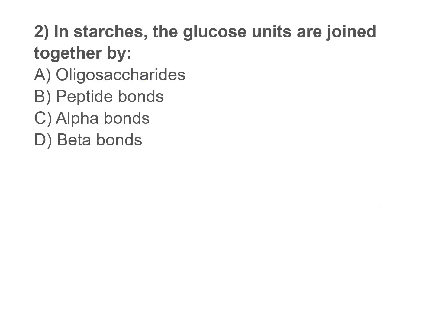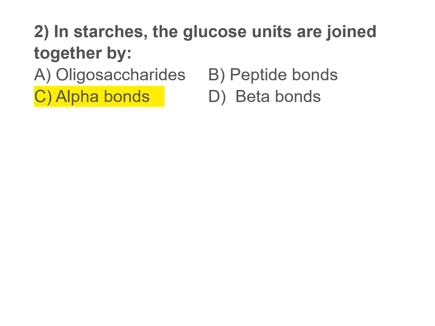Now in starches, the glucose units are joined together by... so this is also very easy. So the answer is just very easy. Here the answer will be alpha bonds. In the next class we will talk about how these ones are for proteins, and these were all the other types, the alpha and the beta bonds.